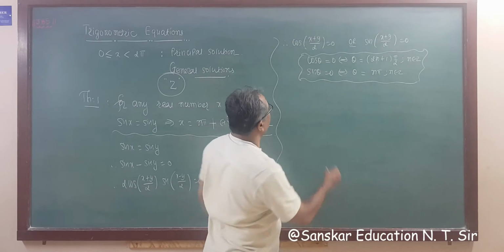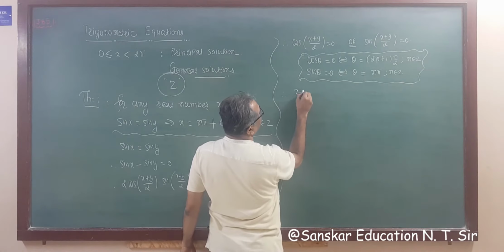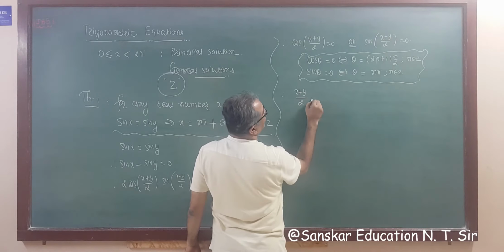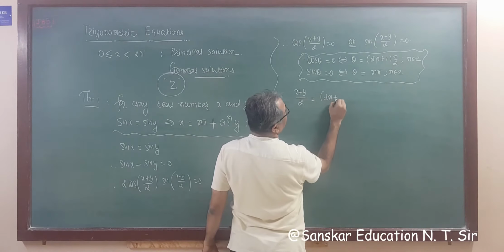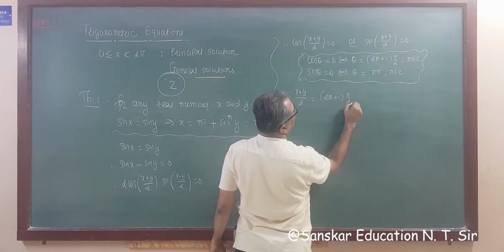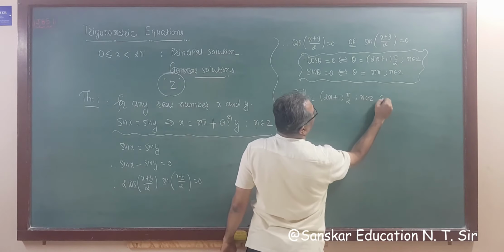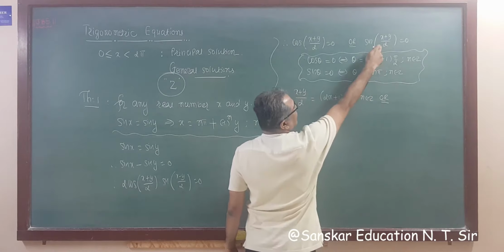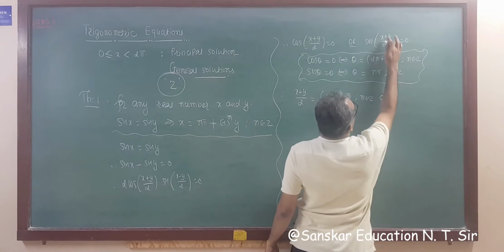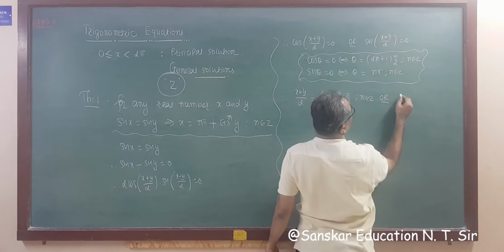for cos theta, theta is here x plus y by 2. So therefore x plus y by 2 is equal to twice n plus 1 pi by 2, n belongs to Z, or this is the set of zeros for sine, I am making a mistake here, this is x minus y.